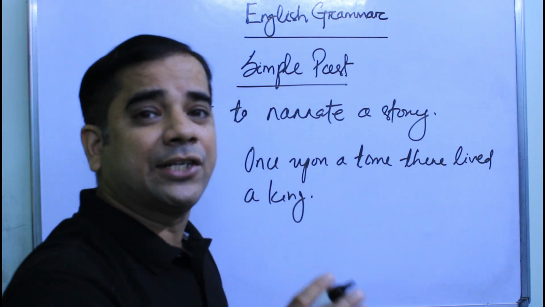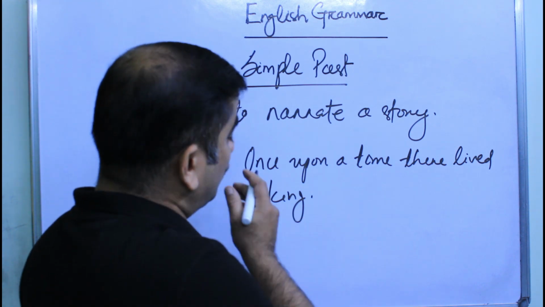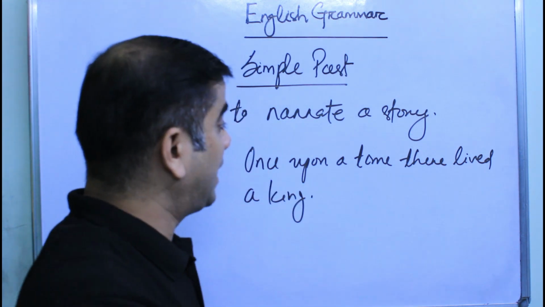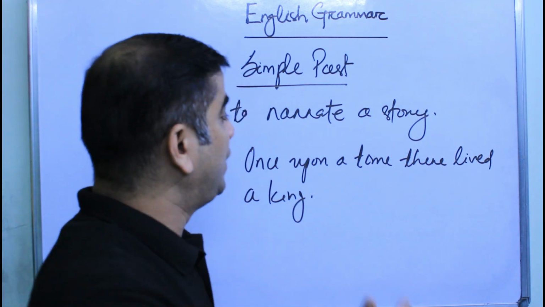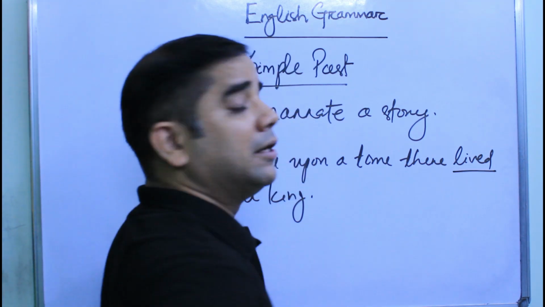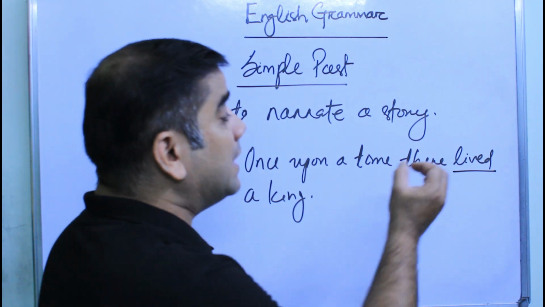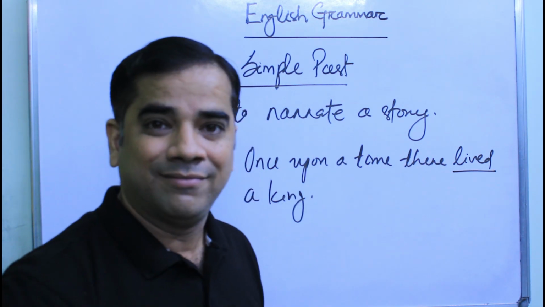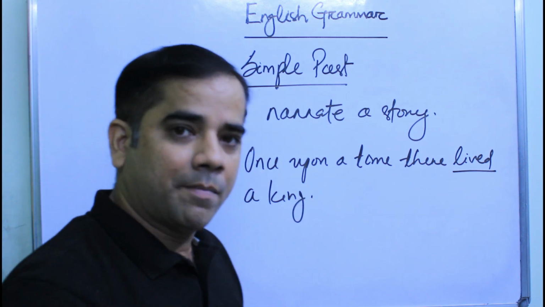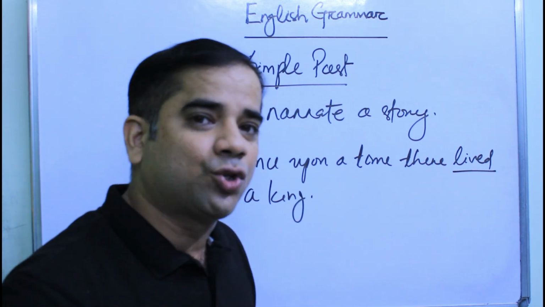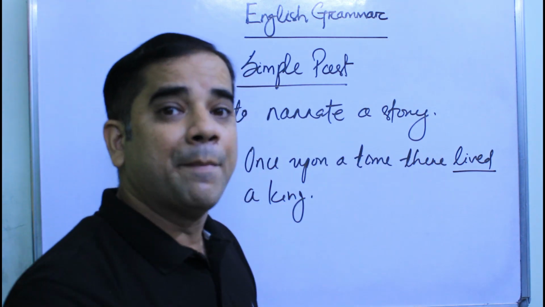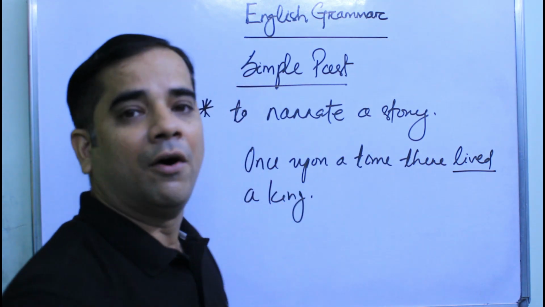It's a character of a story and we are talking about the king at present. But as it is a story, we need to use the simple past form of the verb live. Once upon a time, there lived a king. So you just need to remember why we are narrating the story to someone. We need to use the simple past form of the verb.